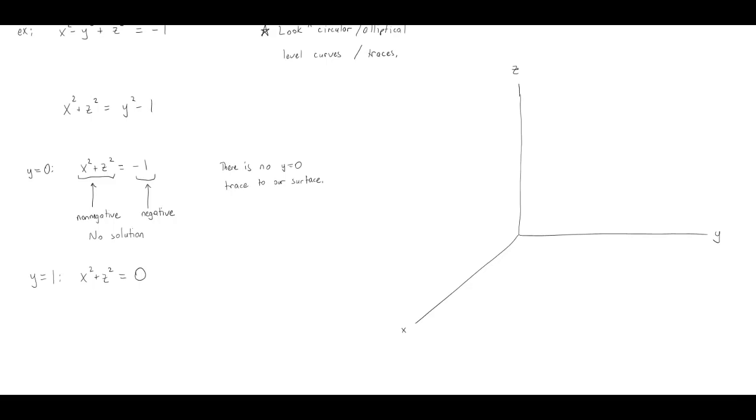So we saw an example of this earlier, right? You can think of it as a circle of radius 0. So in other words, it's just going to be a point, right? x squared plus z squared can equal 0 only if x and z themselves are 0.